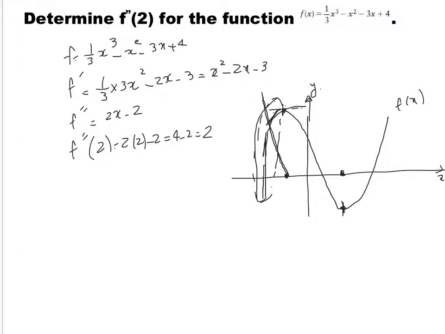Now let's consider the graph from this point, let's call it A, to point B, which corresponds to this point on the first derivative to this point. You can see that if I draw the tangent line here, the tangent is going to have negative slope.